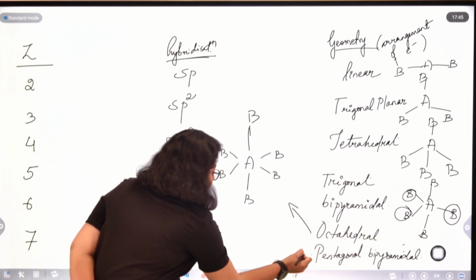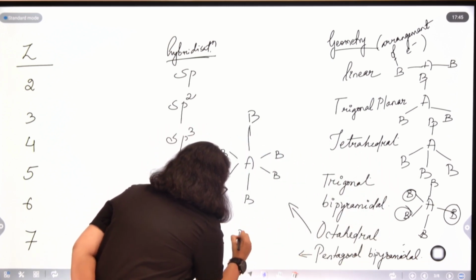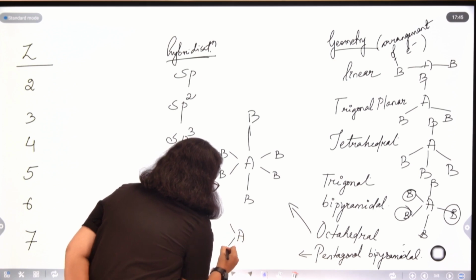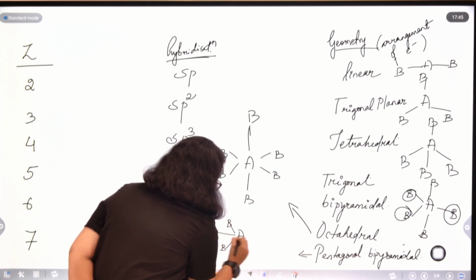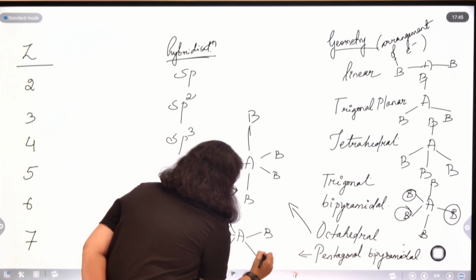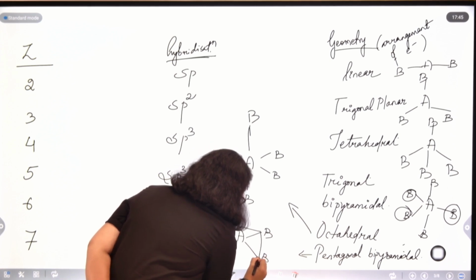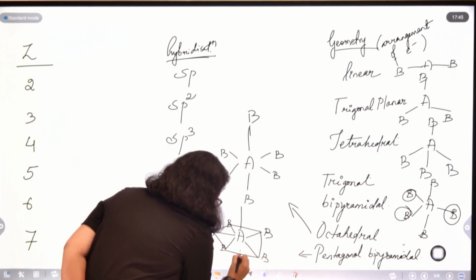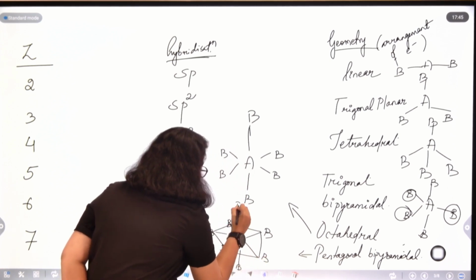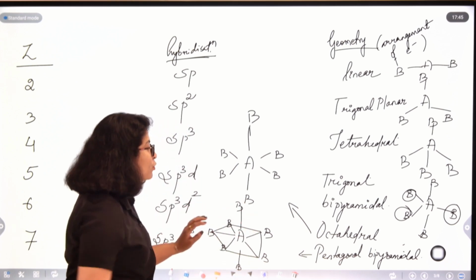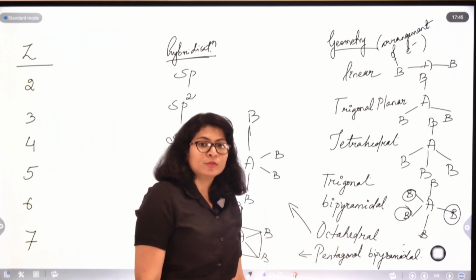And how will it look? A, this forms a pentagon, one above the plane, one below the plane. You will connect all the surfaces, you will get a pentagonal bipyramidal geometry.